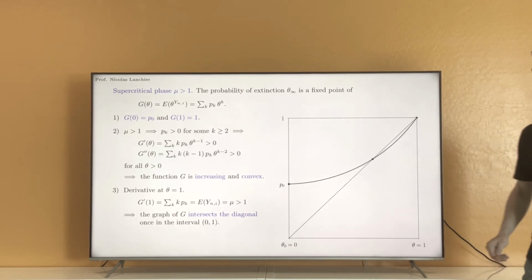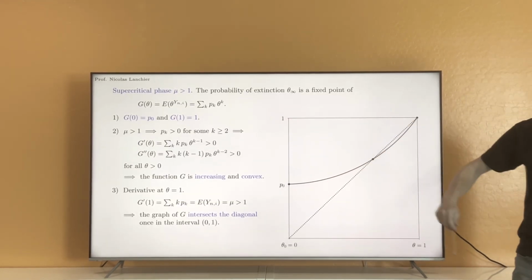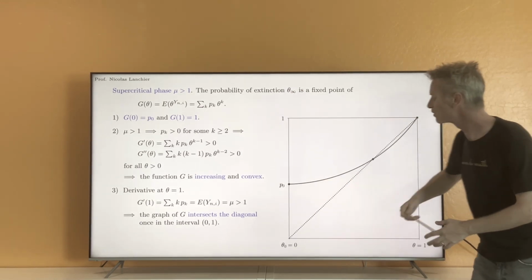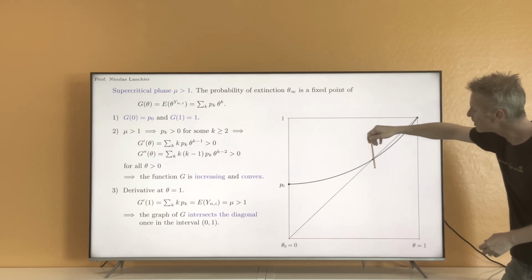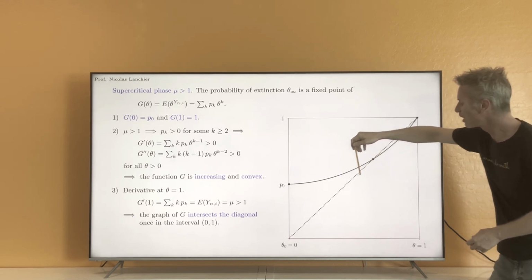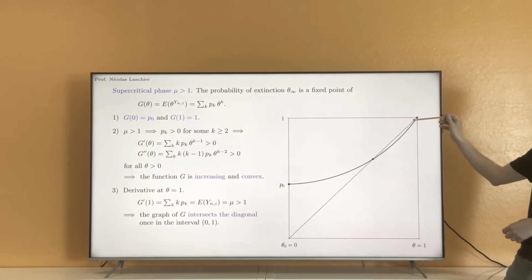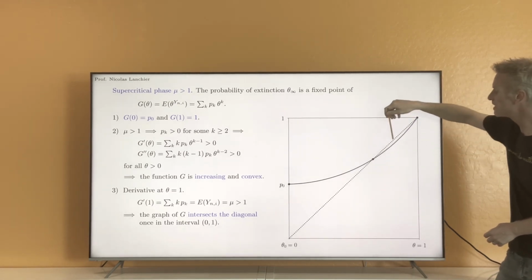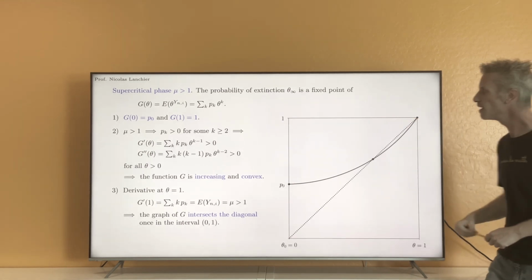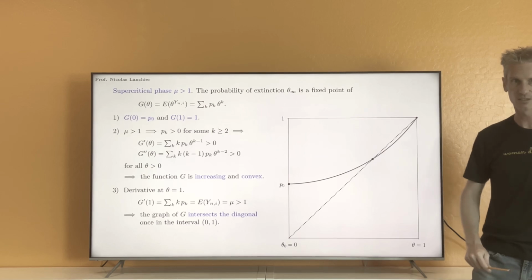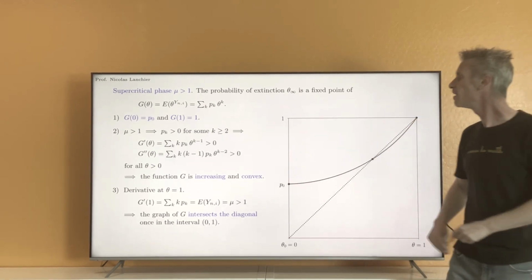If you think about it, the only way this graph is going to intersect this straight line twice between 0 and 1 is if you cut it like that, but then to go back here, you would have to change the convexity. If you cut it twice here, you have to change the convexity of your function, but no, the function is convex. It's nowhere concave, so that's the only possibility.